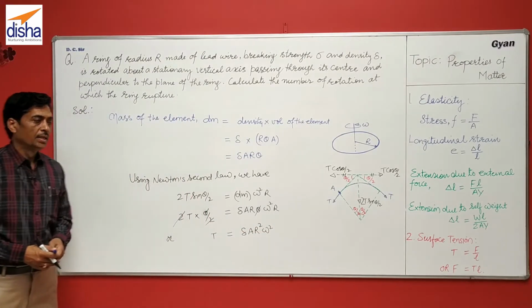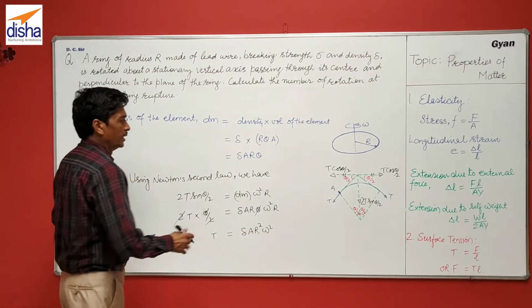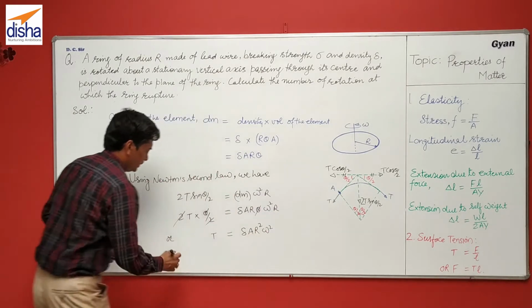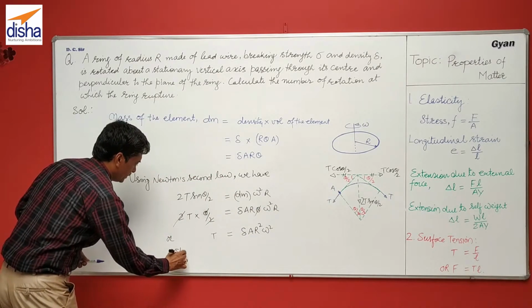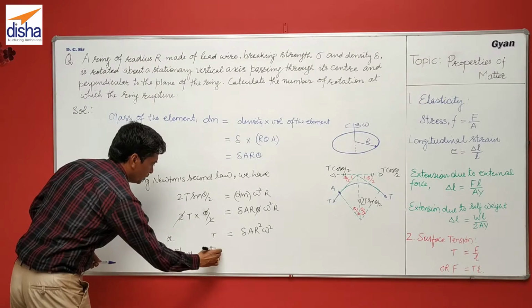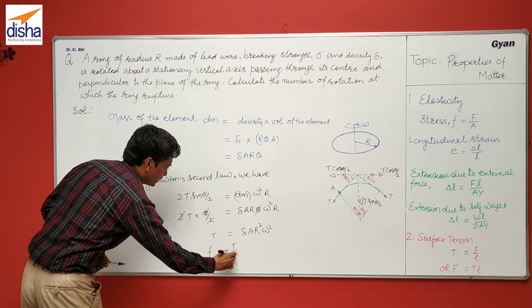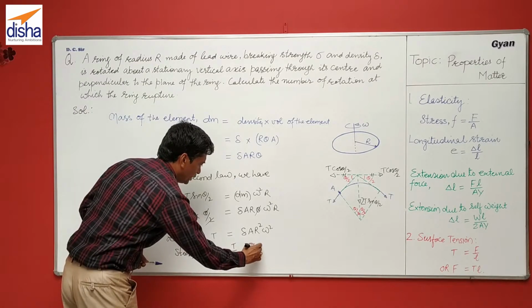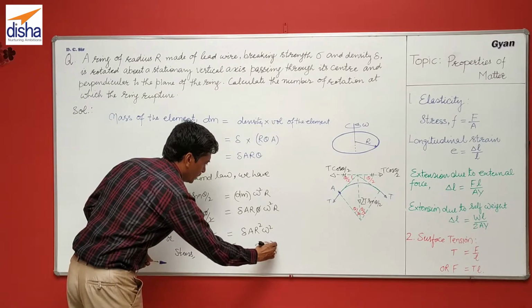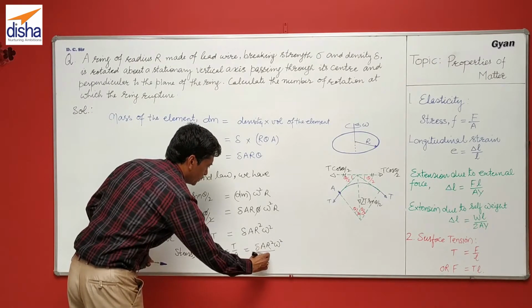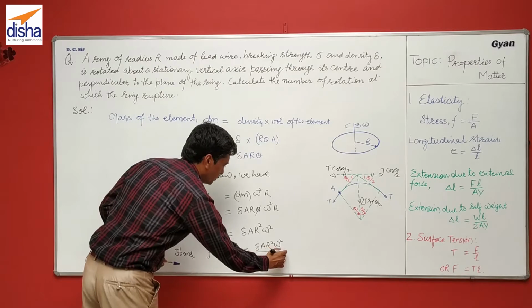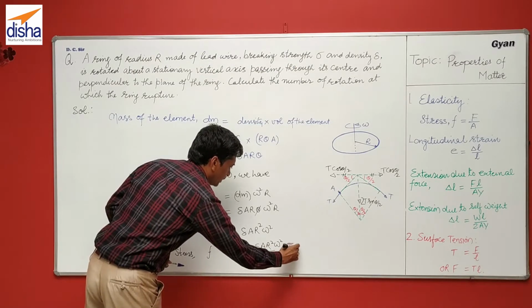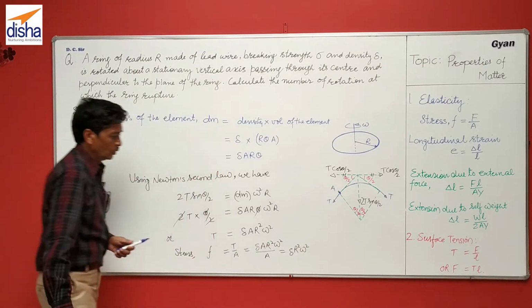Okay. Now the stress in the wire, stress F, is equal to T upon the area of cross section, so it will be delta A r square omega square upon A. So A gets cancelled, and it equals delta r square omega square. Okay.